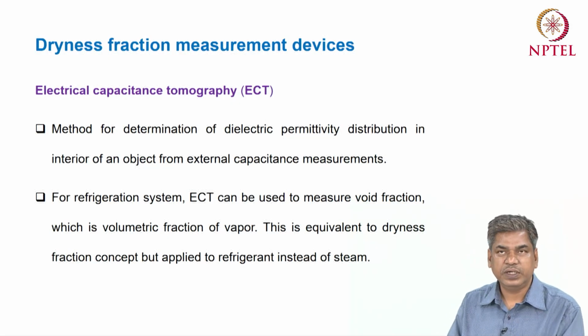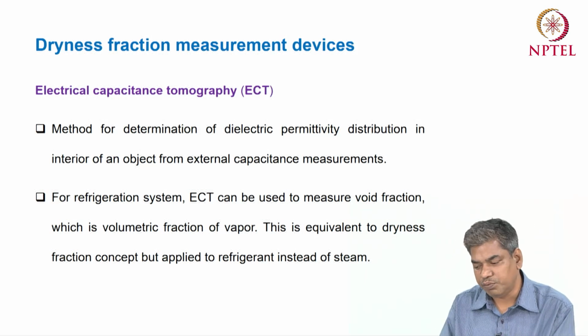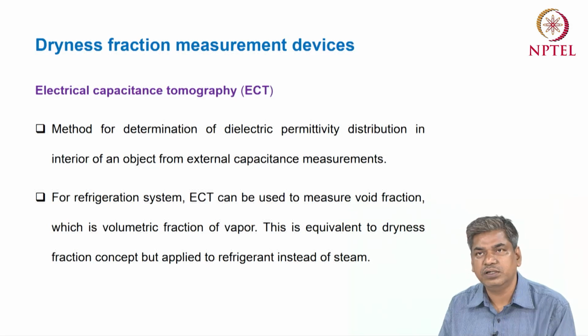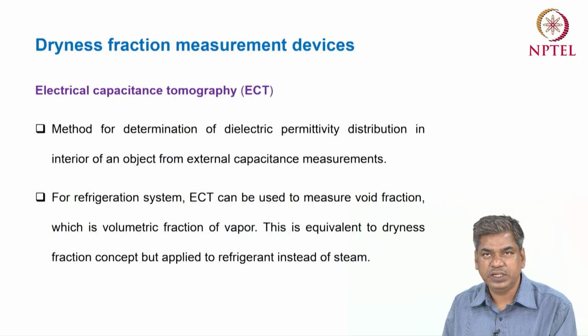The procedure for the dryness fraction measurement is not so simple. It is a slightly complicated procedure. In many systems and applications this type of measurement option is there. We can use tomography, for example electrical capacitance tomography, ECT.